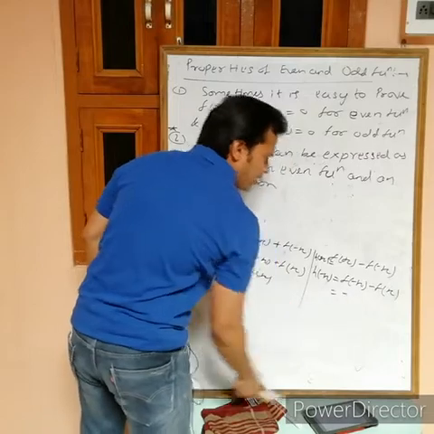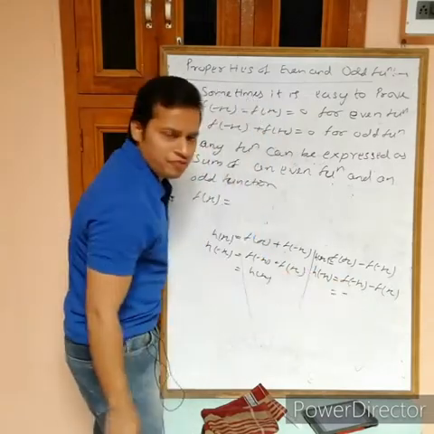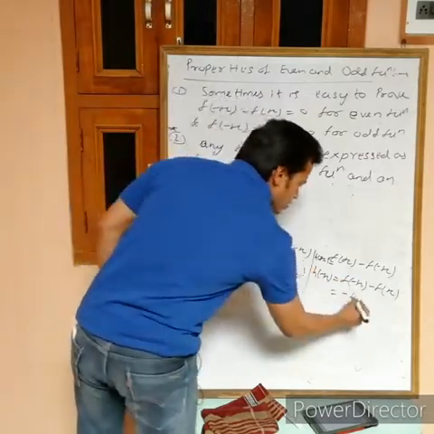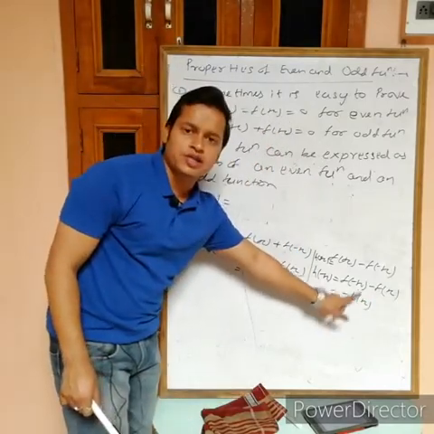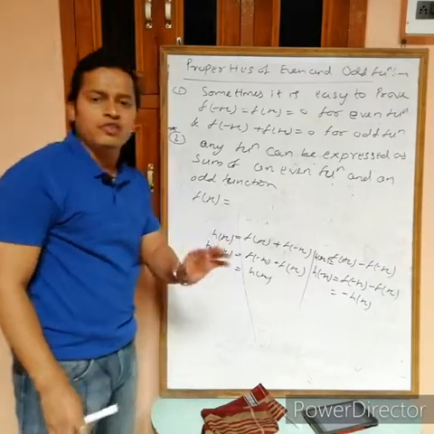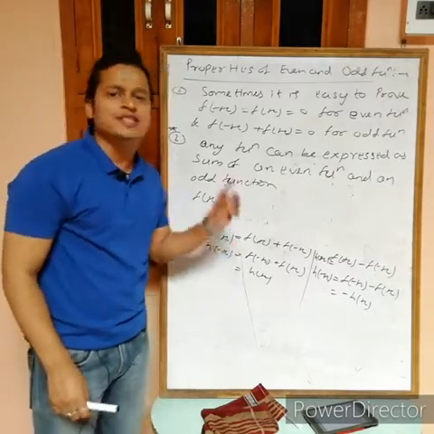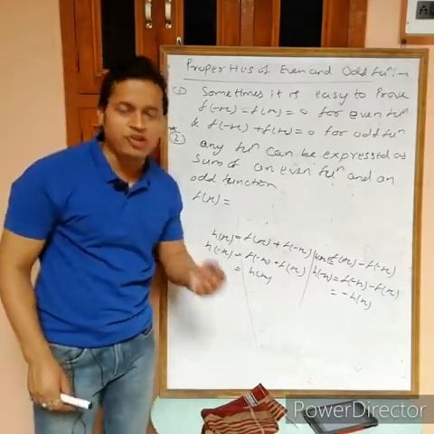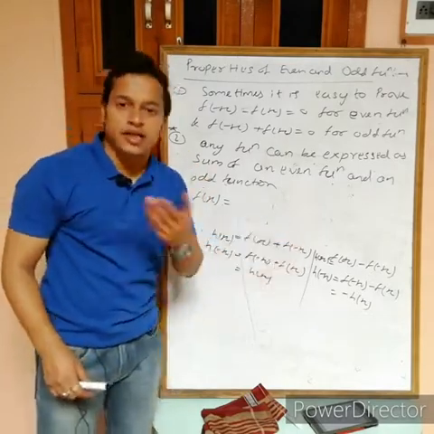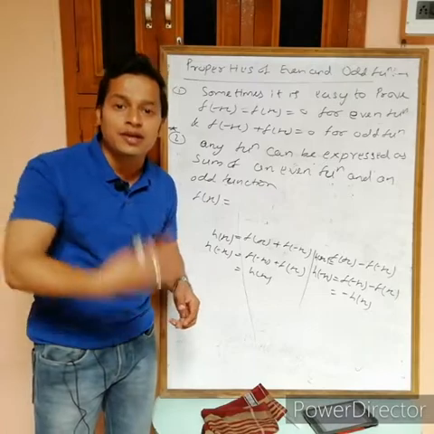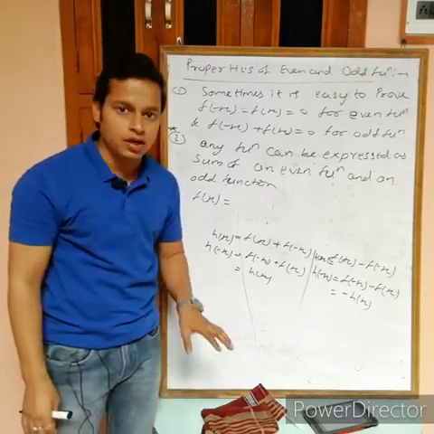Obviously, if you take minus common, what we are getting is f(x) minus f(-x), that is equal to h(x). So h(-x) equals minus of h(x), it means this one is odd. So actually for any function, f(x) plus f(-x) is an even function, and f(x) minus f(-x) is an odd function.